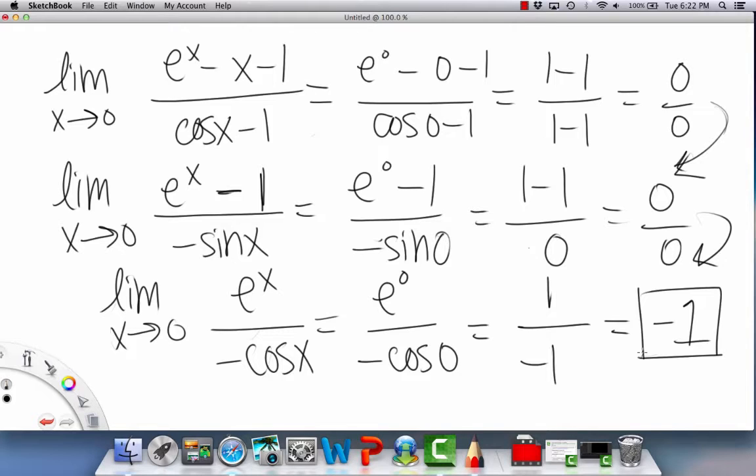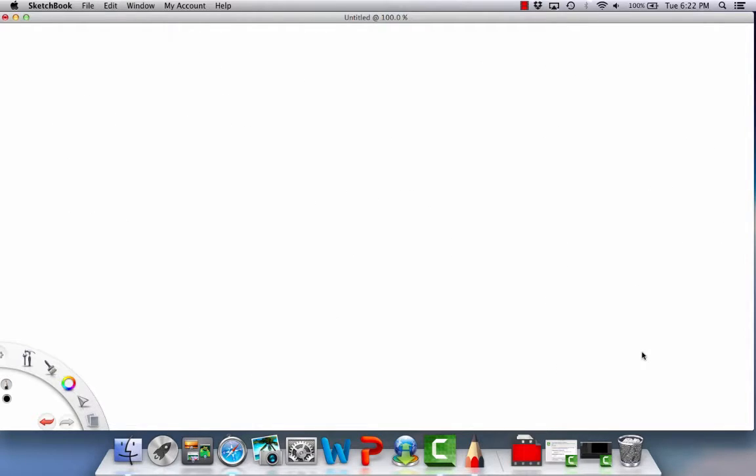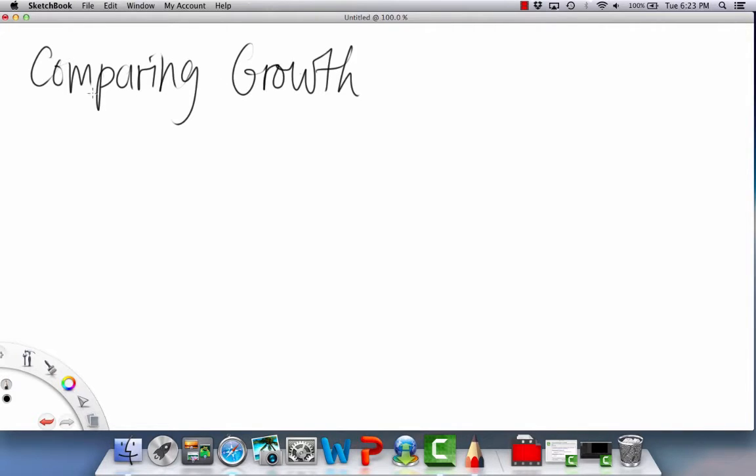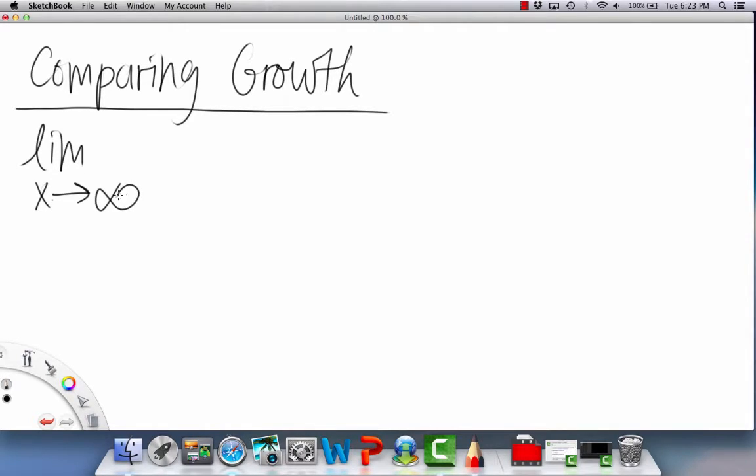Okay, now here's another application of it when you are comparing growth of graphs. So comparing growth. Alright, so let's say you have your limit, so x, this time instead of going to a, it'll go to infinity.